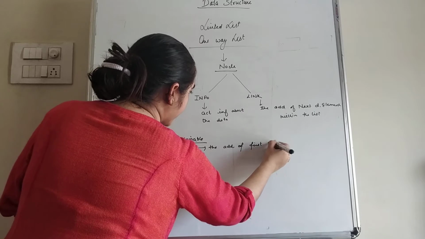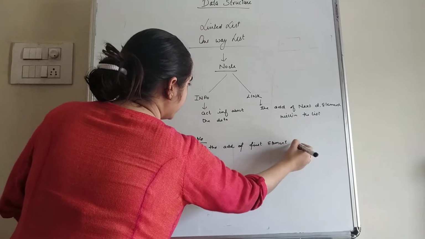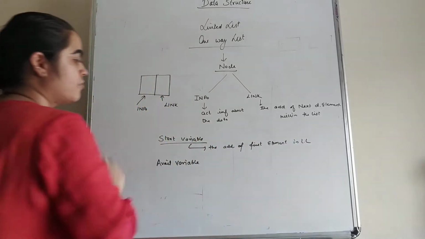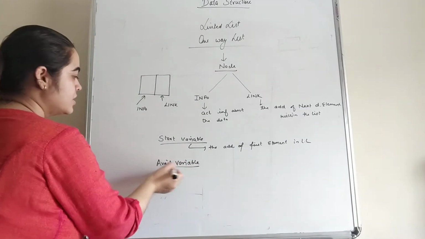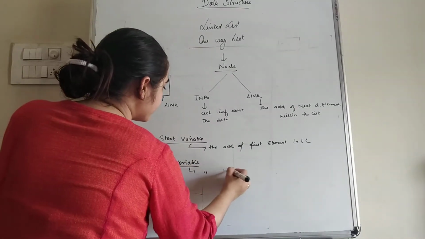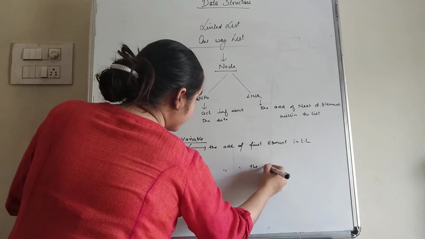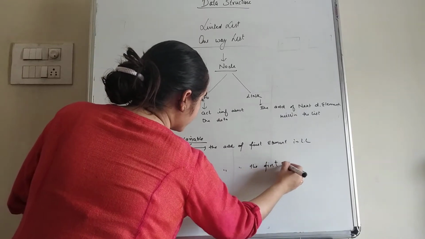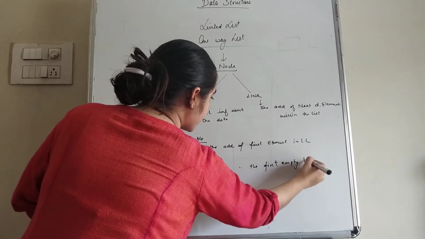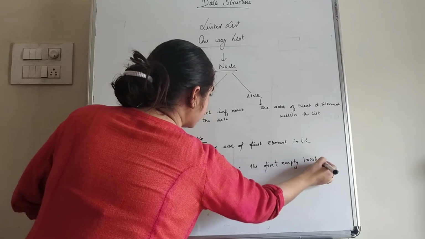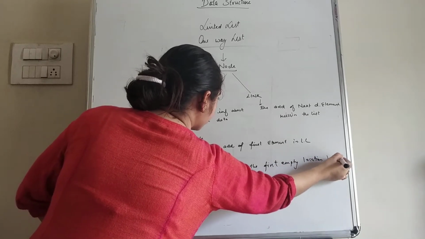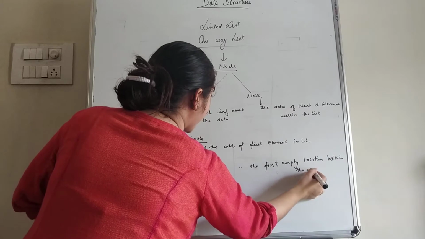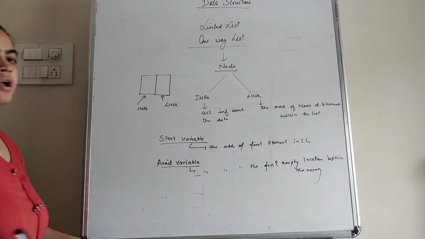So the address of the first element is in the start variable. Avail variable means it contains the address of the first empty memory location within the array. First empty location within the array. So the address of first empty location within the array is always with the avail variable.